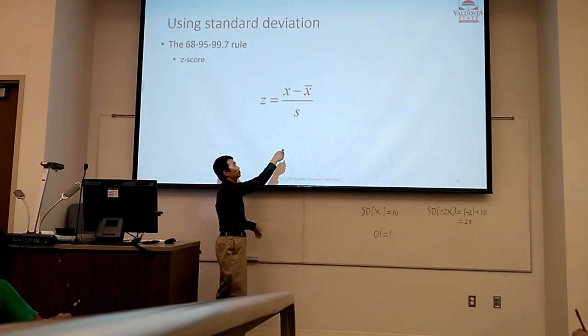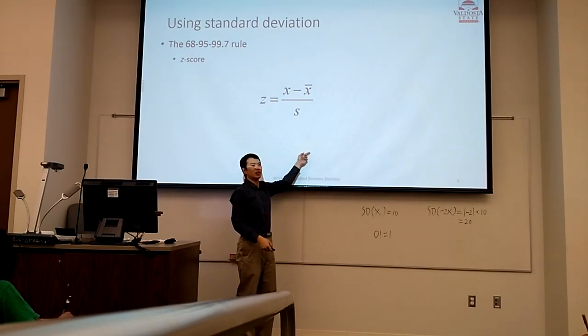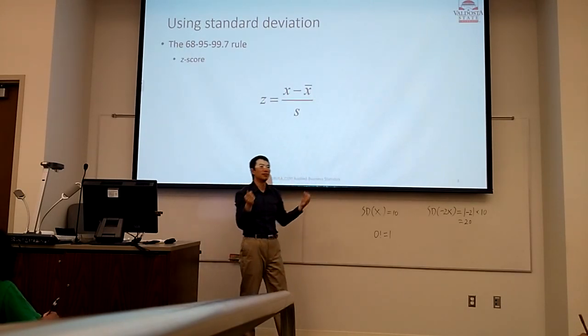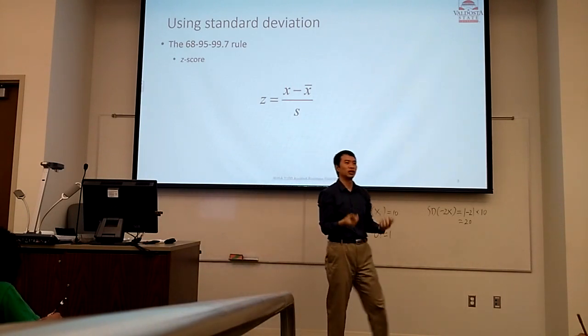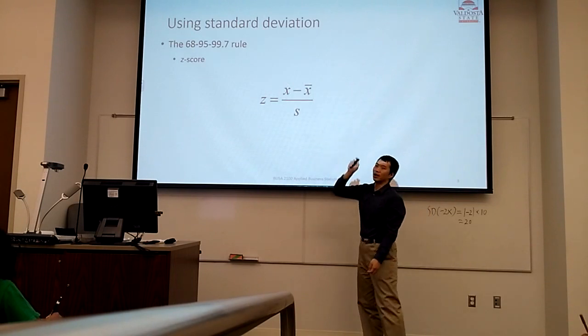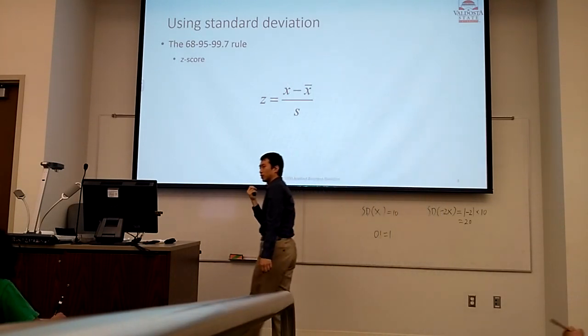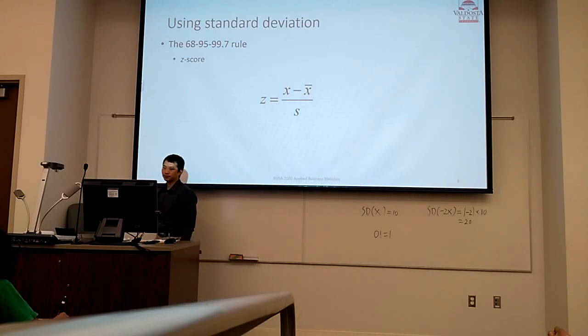We have the mean, we have the sample standard deviation, and this X is the specific value we are interested in. We want to find the Z-score for this value. That's the model we learned in the previous chapter.